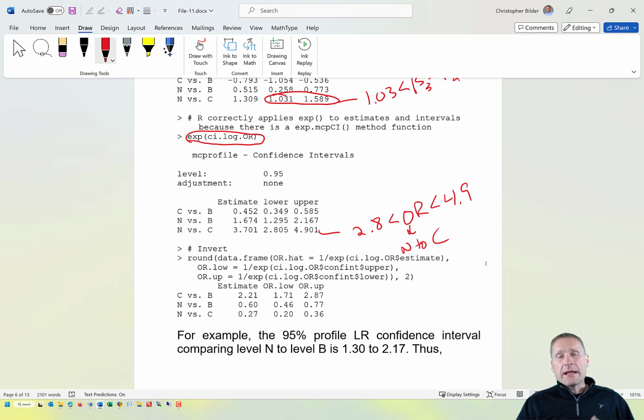Okay. Now, if you wanted to invert the corresponding odds ratios, one way to do that is to take 1 divided by the corresponding elements that are stored in ci.log.or. We've seen this kind of stuff before.